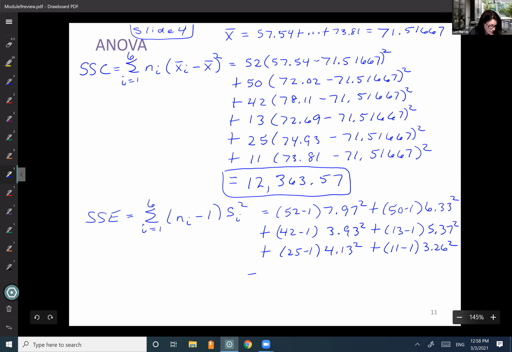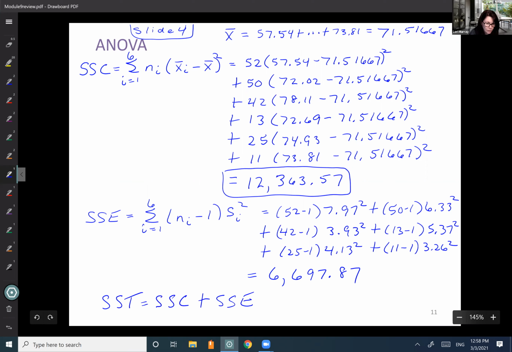Okay, and that ends up being 6,697.87. All right, we can now calculate the SST, which equals the SSC added to the SSE.